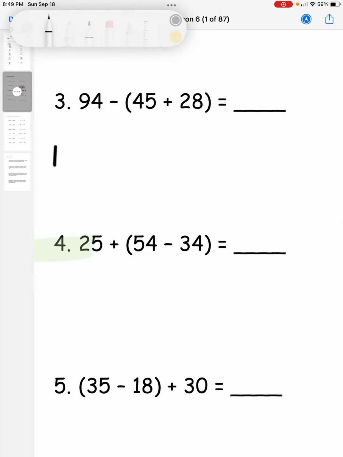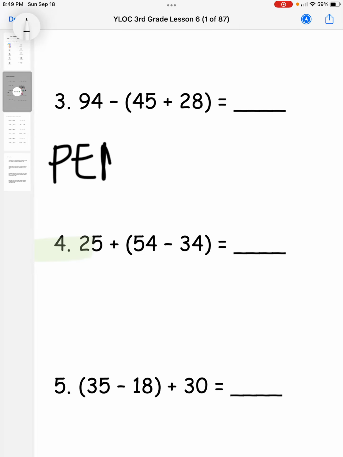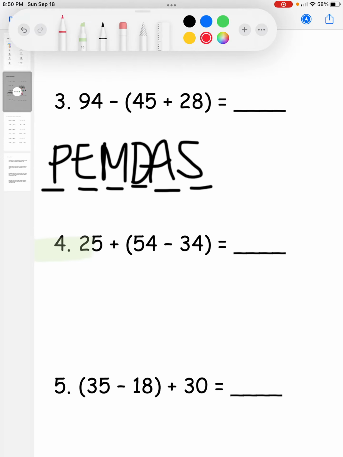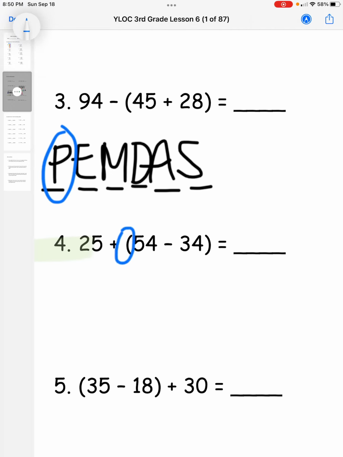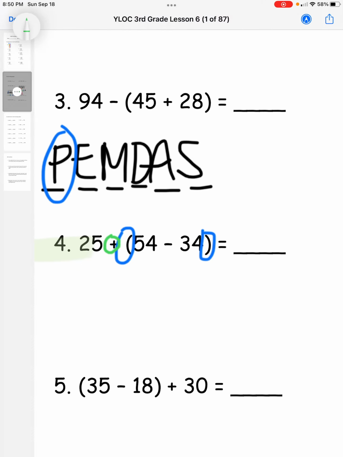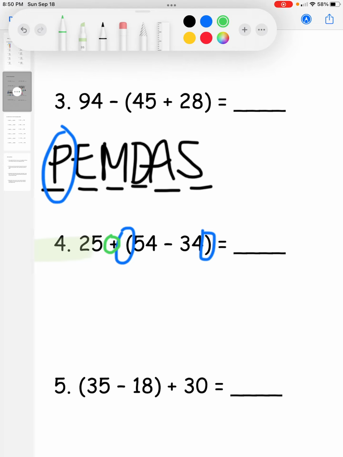Just like this one, use PEMDAS. Parentheses, exponent, multiplication, division, addition, and subtraction. In this one, you have, again, parentheses, addition, and subtraction.